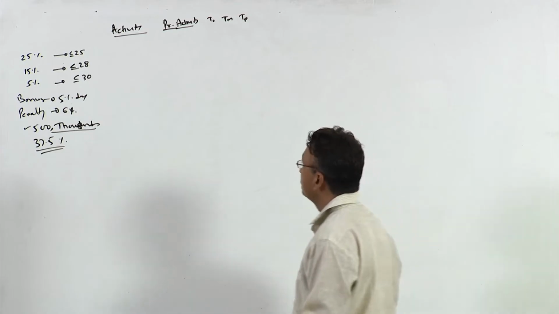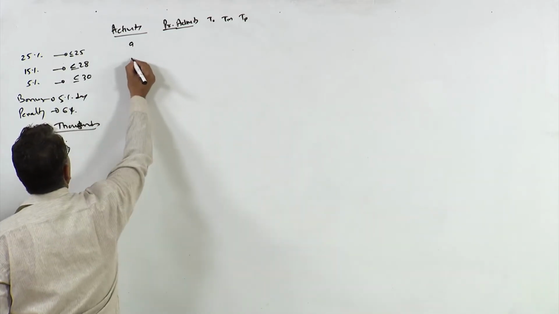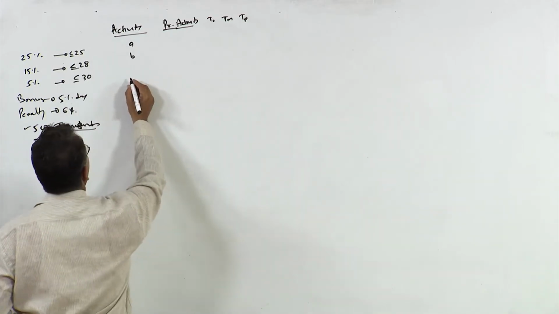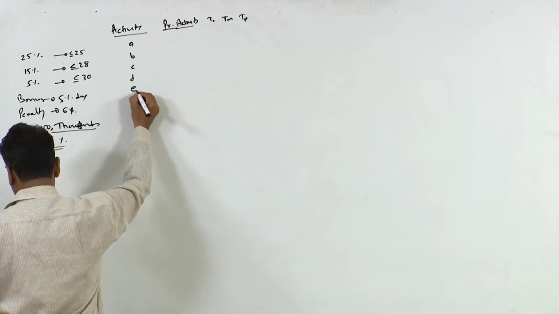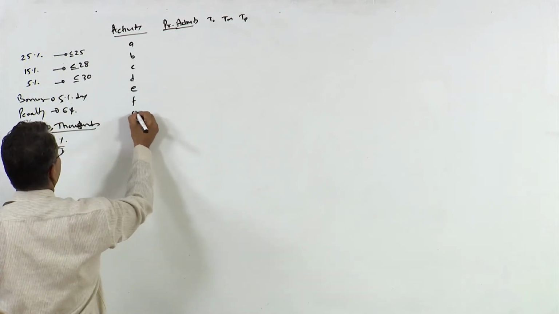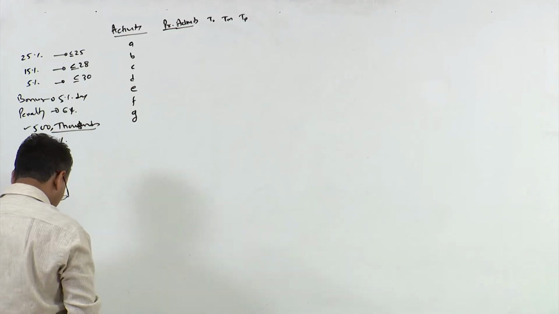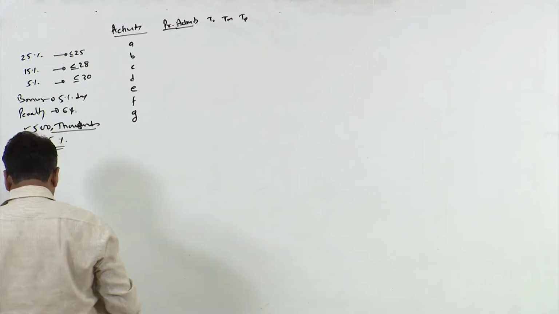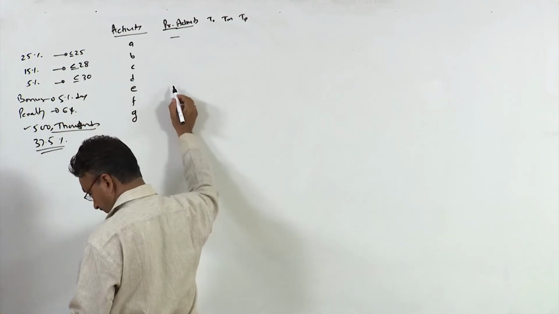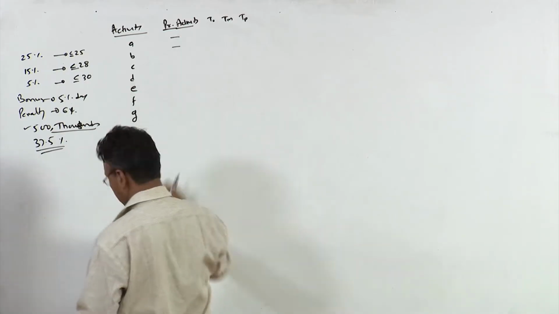Let us say these are different activities A, B, C, D, E, F and G. The preceding activity of A is none, and for B also none.